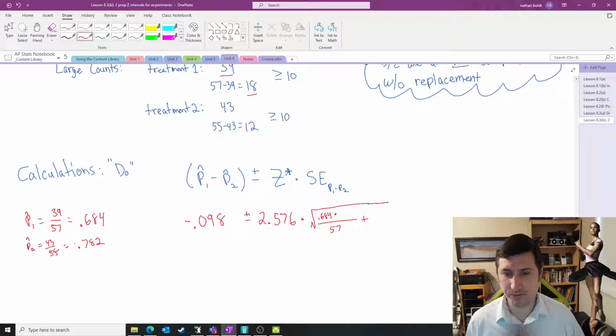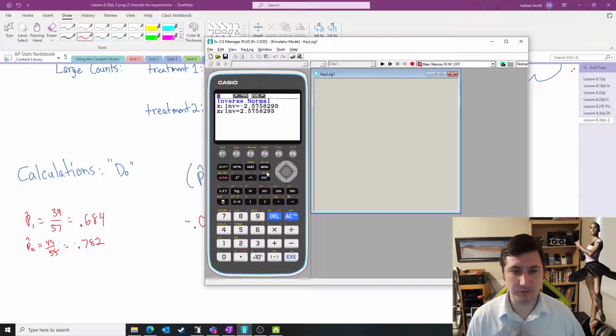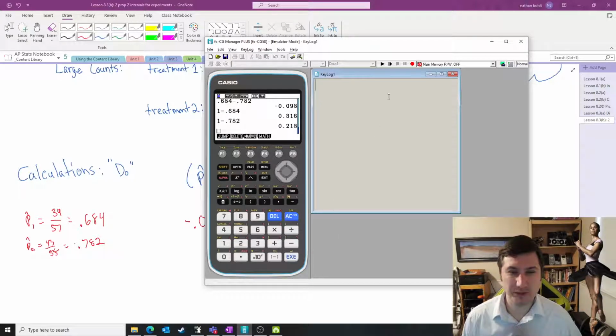I can't do the Q in my head, so give me a second. I'm just going to fill out the general form here: 0.782 times the Q, whatever that one's Q is, divided by 55. So what are the Q's? 1 minus P, right? So 1 minus 0.684, and 1 minus 0.782. So 0.316 and 0.218.